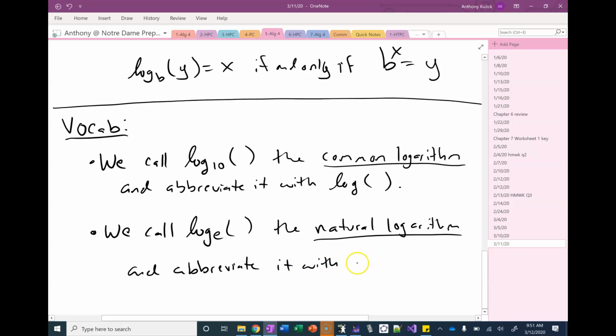And the abbreviation for the natural logarithm is ln. So if you see an ln, we're going to understand that to be log base e. Everybody's okay there?